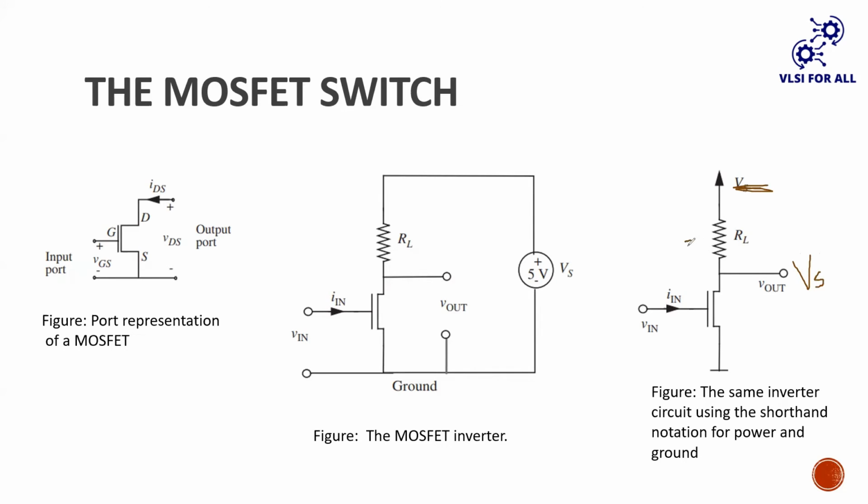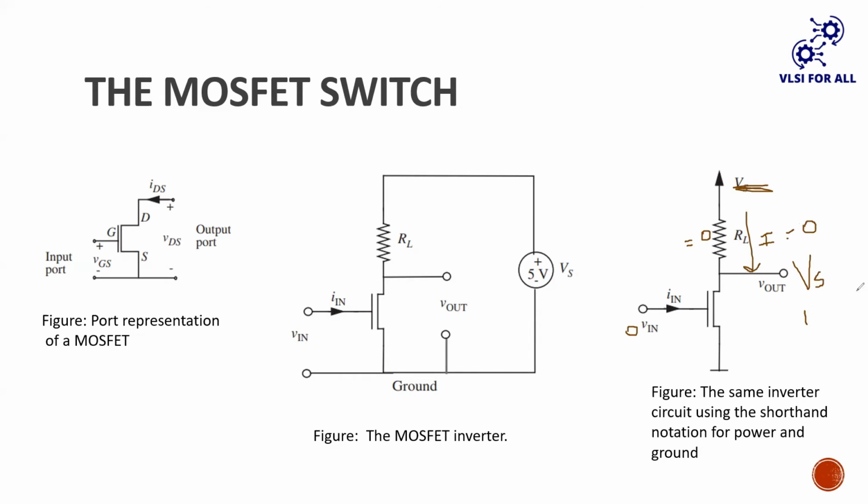So the voltage drop across this RL resistor is 0 only, because the current through it is 0. So you have given the input voltage as 0 and you got the output as 1.